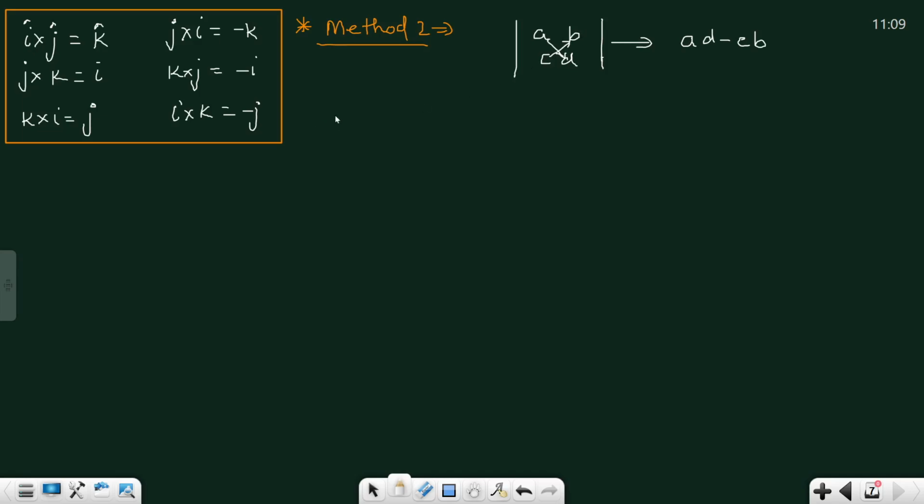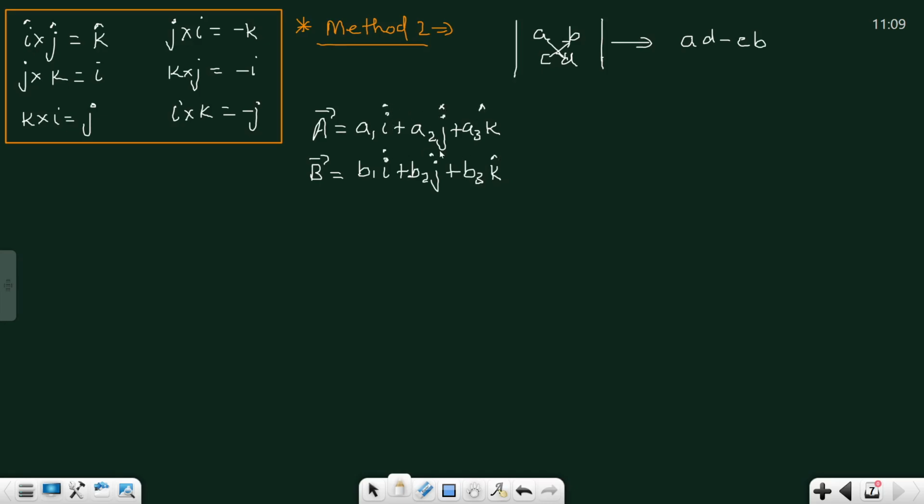Clear? So if you have two vectors, vector A is A1 i plus A2 j plus A3 k, and the second one is B1 i plus B2 j plus B3 k.